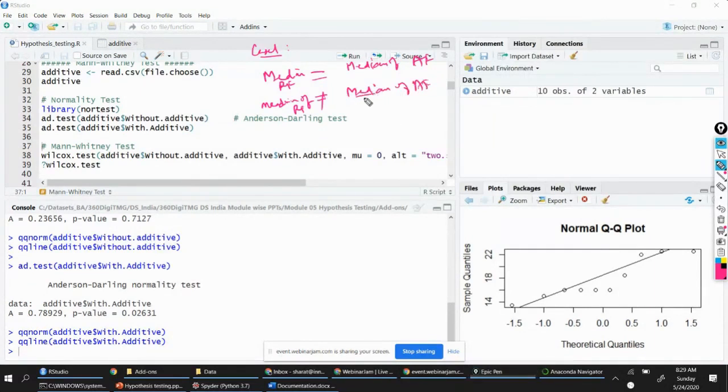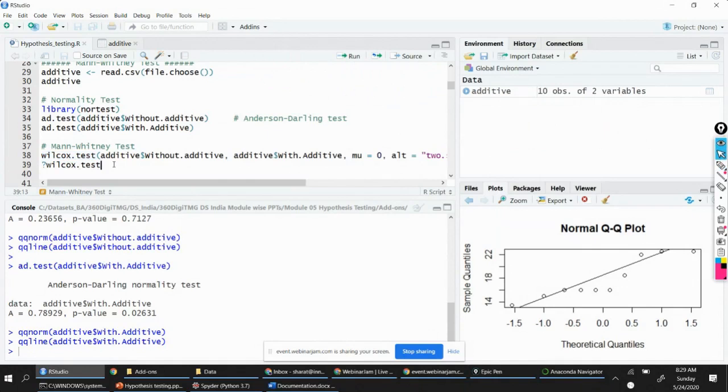Median, we are just replacing mean with median. And this is a two-sided test, not equal to. So you're basically saying whether the value falls here in the accepted region or not falls here. Not falls means it could be here or here, right? So we are saying it is a two-sided test.